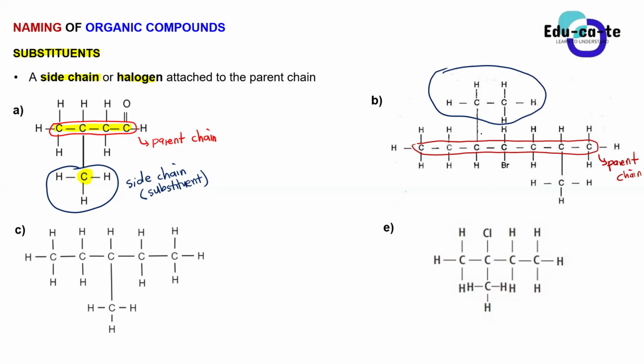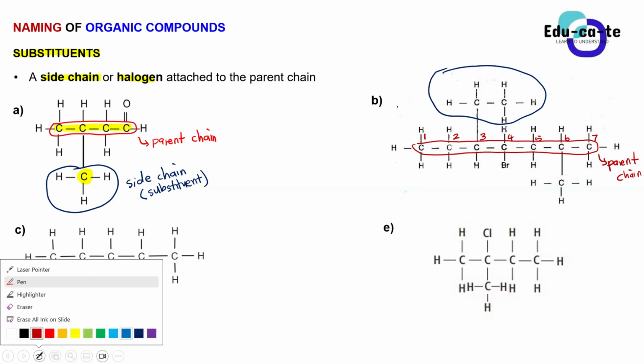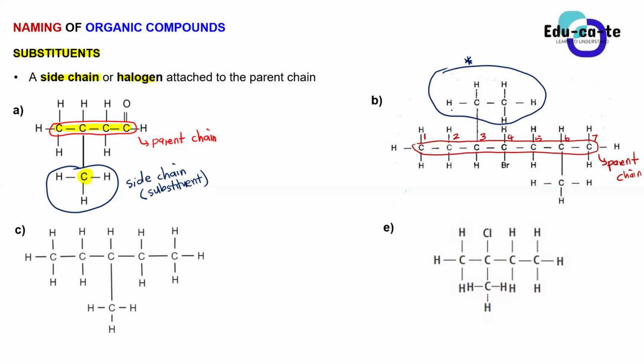When we are counting the carbons in the parent chain, this is carbon 1, carbon 2, carbon 3, carbon 4, carbon 5, carbon 6, and this is carbon 7. So these other 2 carbons protruding out of the parent chain are not part of the parent chain.